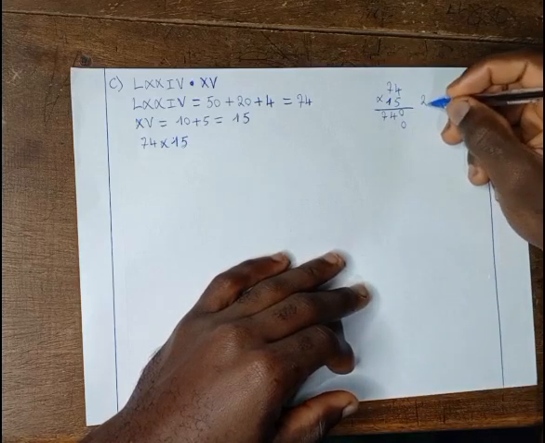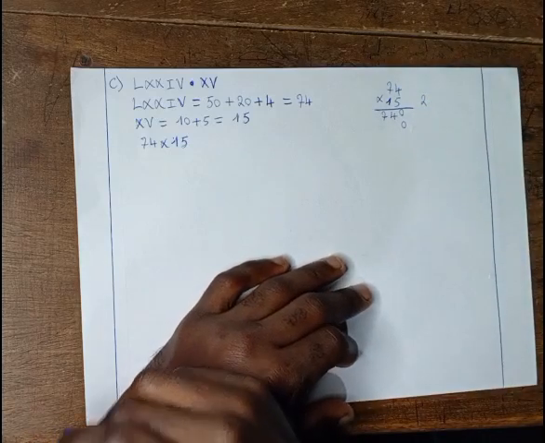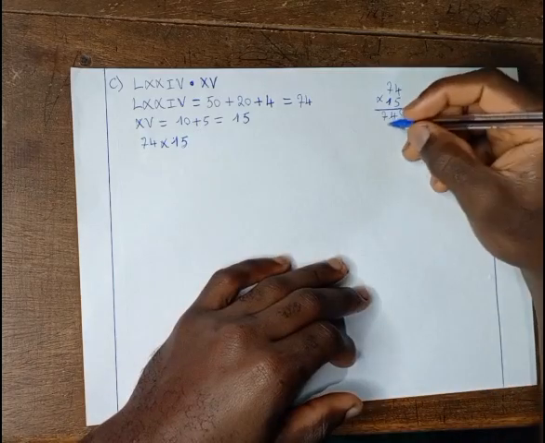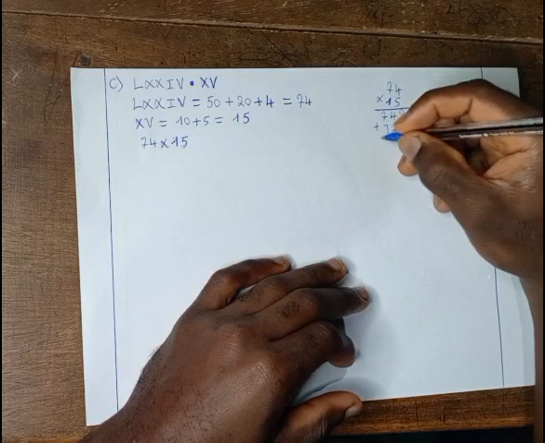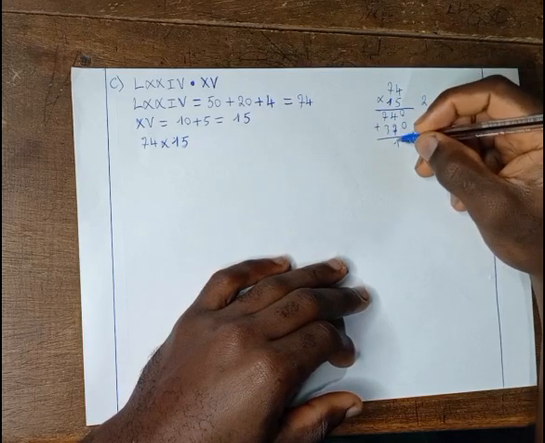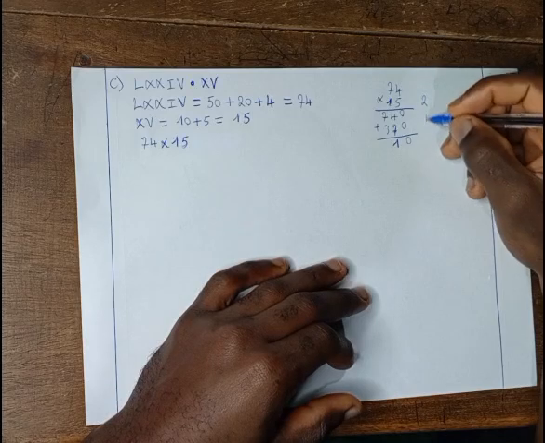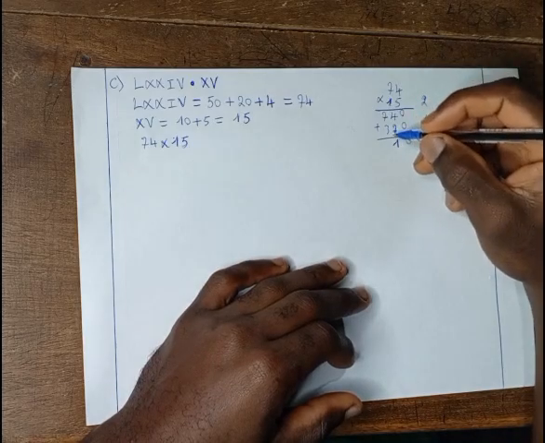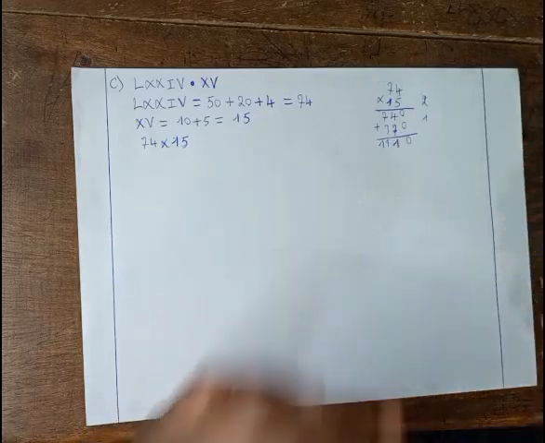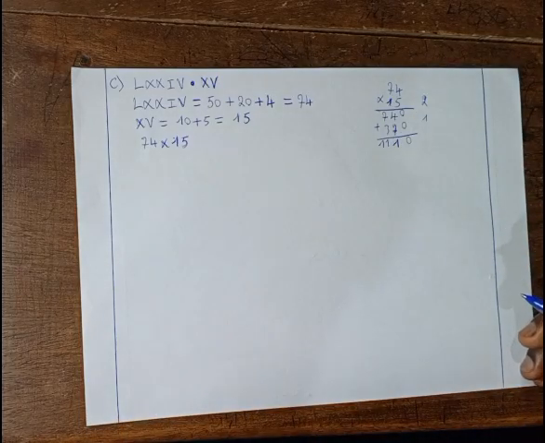I'll write down 0 and I carry 2. 5 times 7 gives us 35, plus the 2 we carry gives us 37. We add 0. 4 plus 7 gives us 11. Write down 1, we carry 1. 7 plus 3 gives us 10, plus 1 we carry, 11.